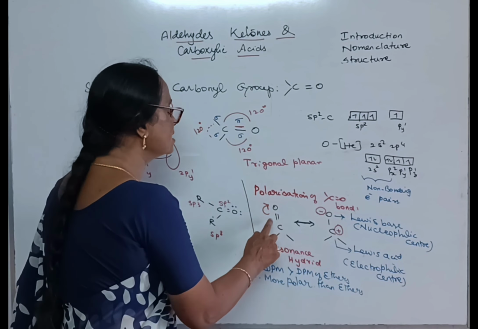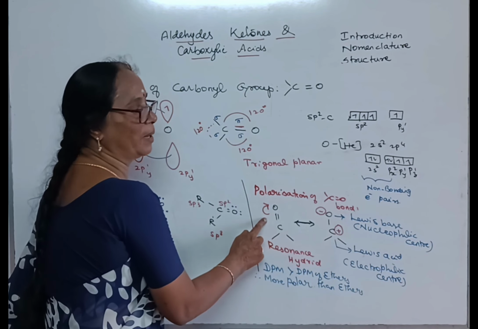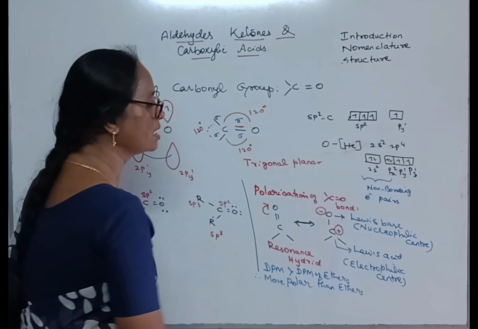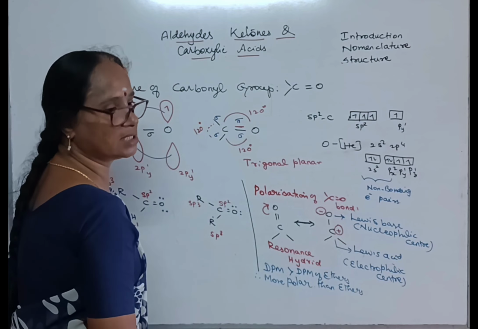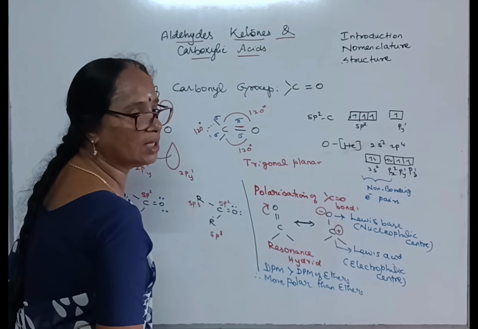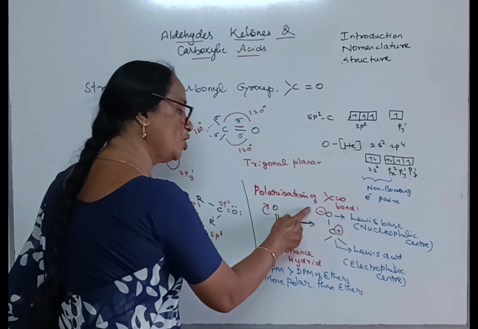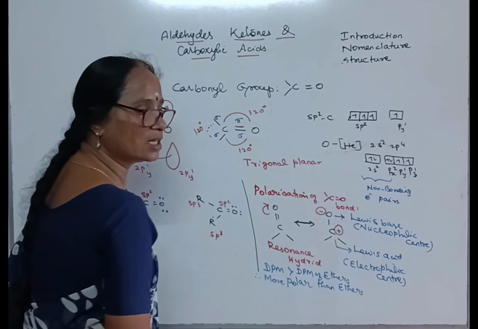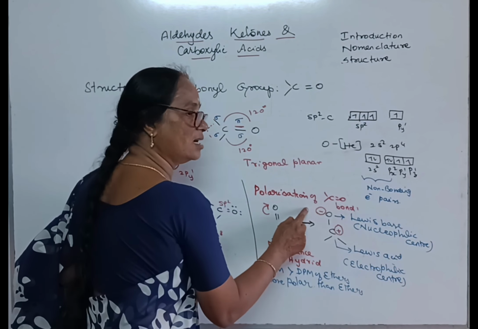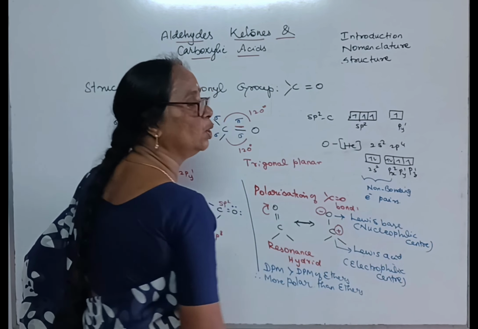As a result of the delocalization of pi electrons, the oxygen develops a negative charge and the carbon a positive charge. Due to the presence of both positive and negative charges, it has a nucleophilic center as well as an electrophilic center. The nucleophilic center is electron rich and hence is a Lewis base.